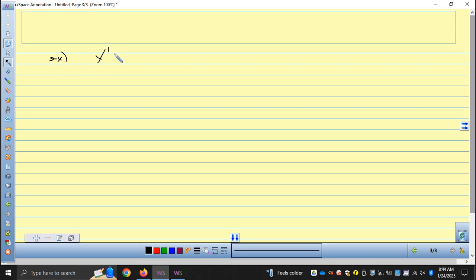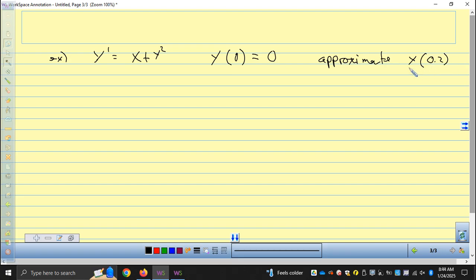So y prime equals x plus y squared, and y of 0 equals 0 is our initial condition. And we want to approximate y of 0.2. And we're going to start with h equals 0.1. Then we will do h equals 0.05.